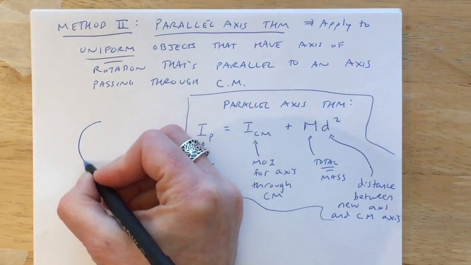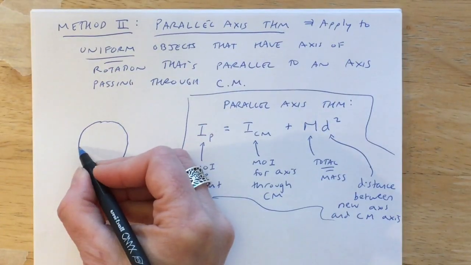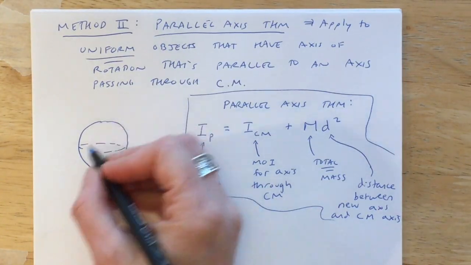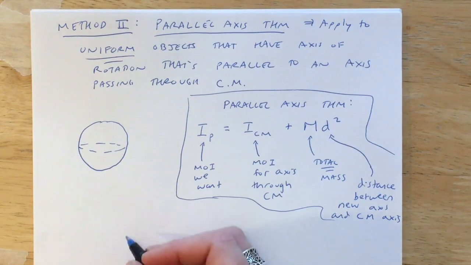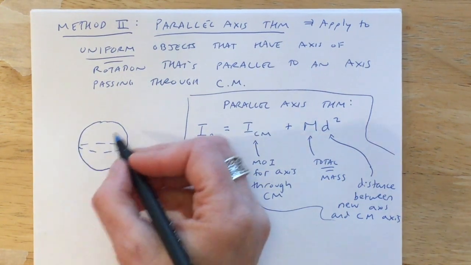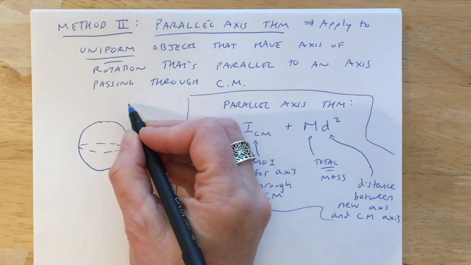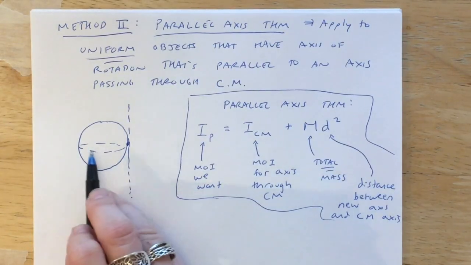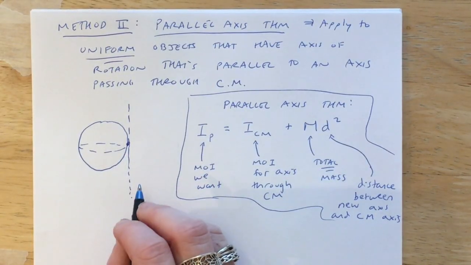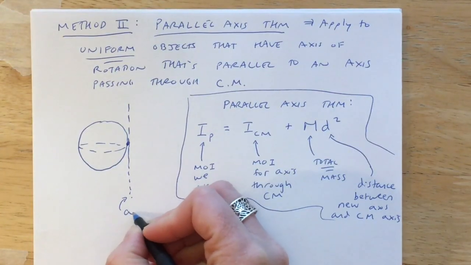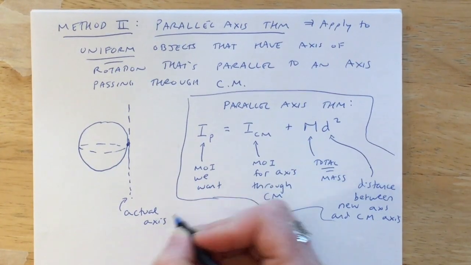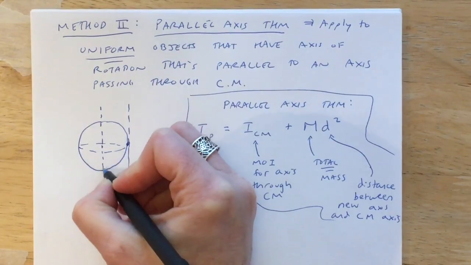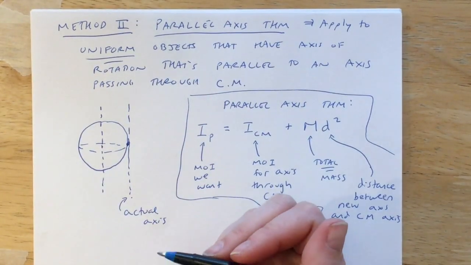So let's look at a sphere where, let's say instead of having the sphere rotate around its center, as it might sometimes do, instead we have the sphere rotate and be pivoted on one end so that our axis is as such, so that the sphere then will rotate around that axis. So this is our actual axis. Then the center of mass axis is the one that would pass through the center of mass, as if the sphere was spinning around its center.